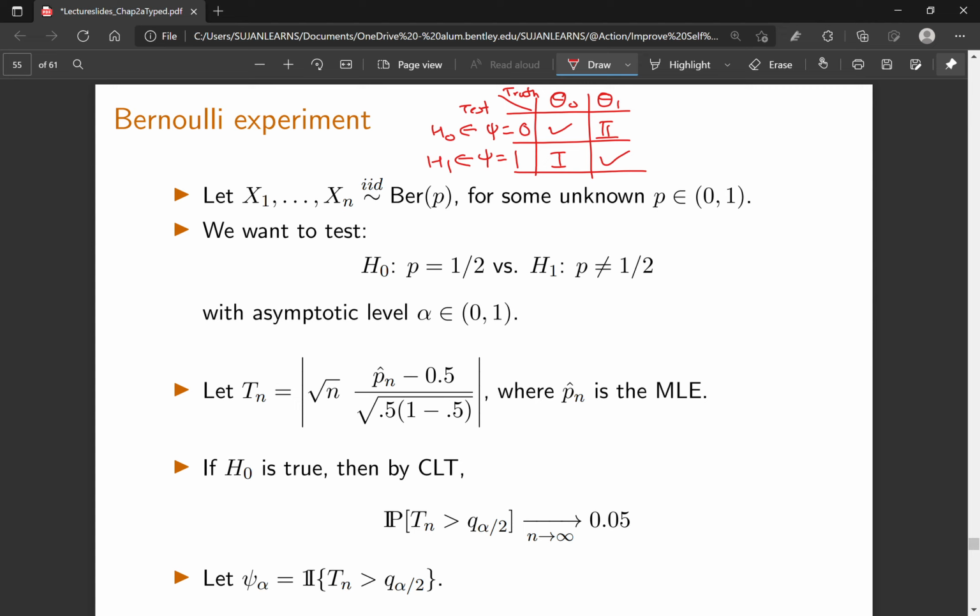The probability of making a type 1 error is defined by alpha.